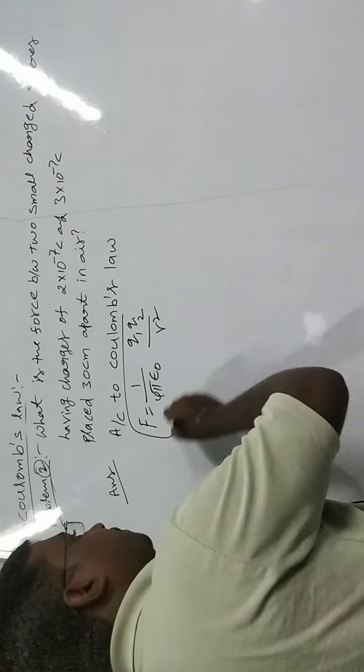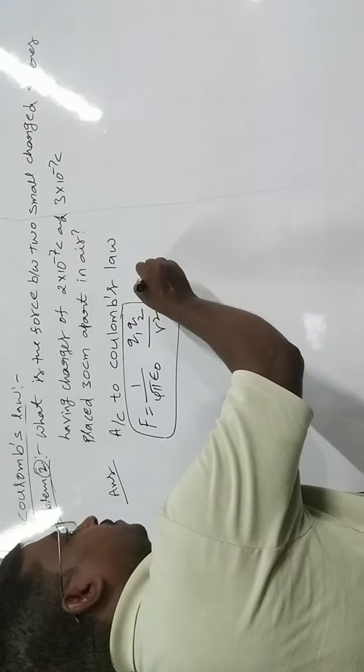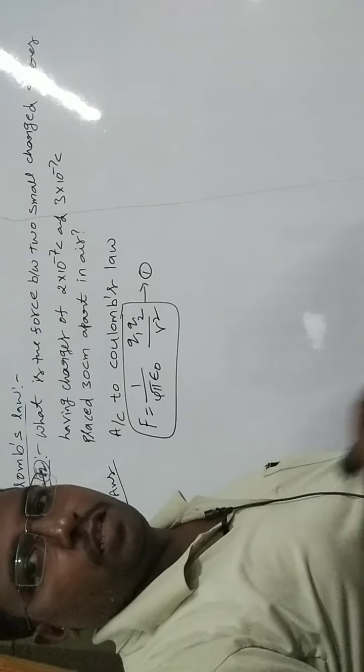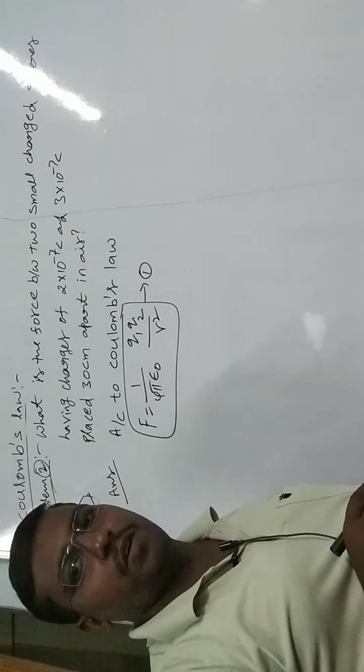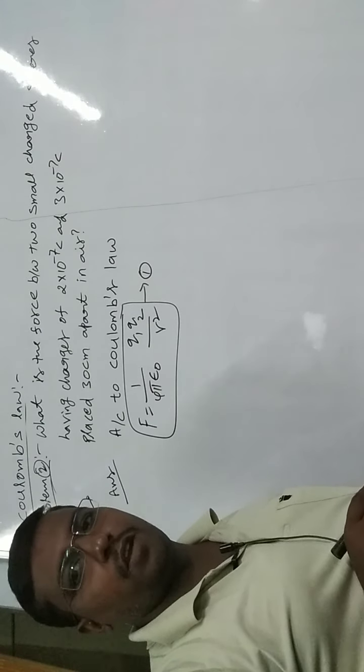This is the formula. This is equation number 1. In this formula, we substitute the Q1, Q2 and R values and also the 1 by 4 pi epsilon naught value. We will get the force value.